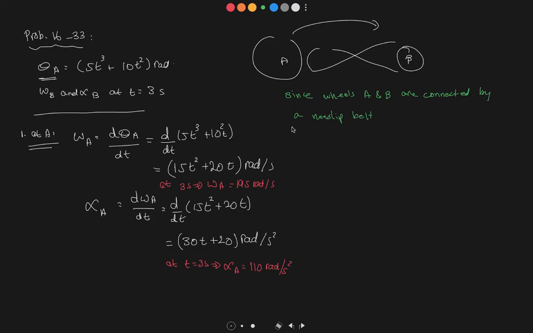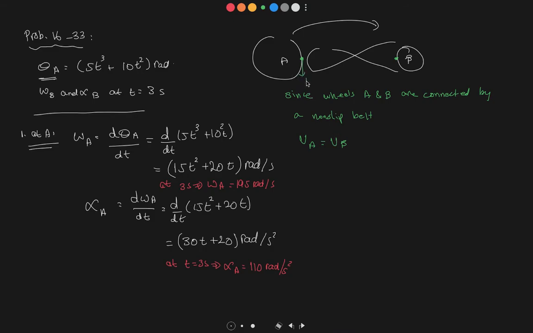Then the velocity of pulley A at this point should equal the velocity of pulley B at that point, and both velocities are tangential.